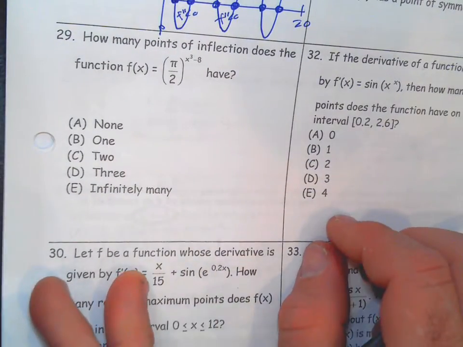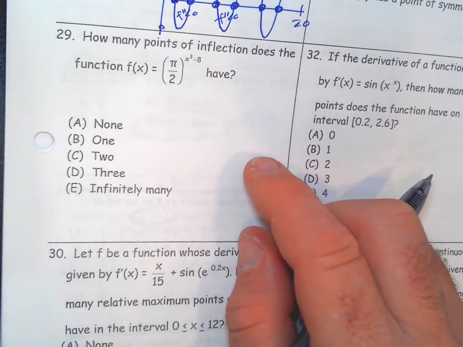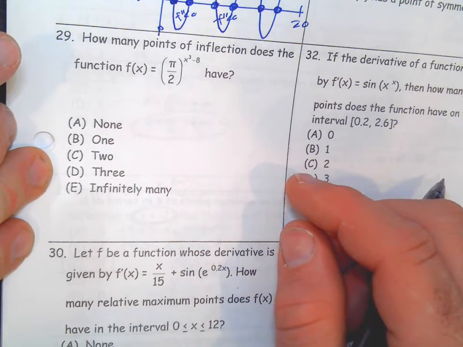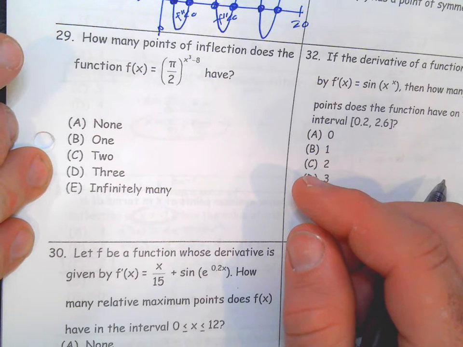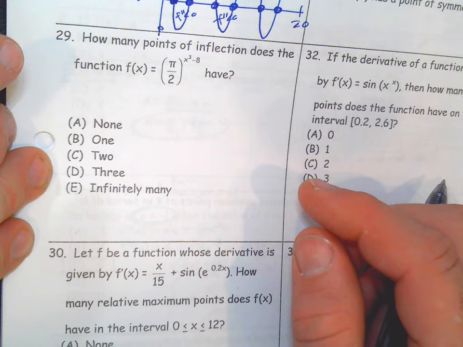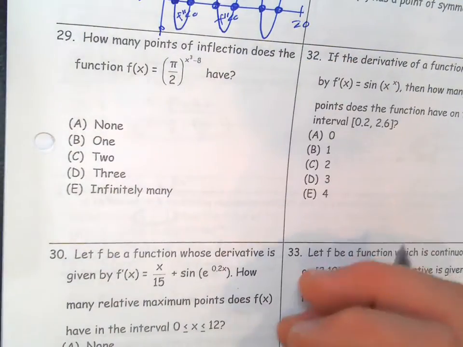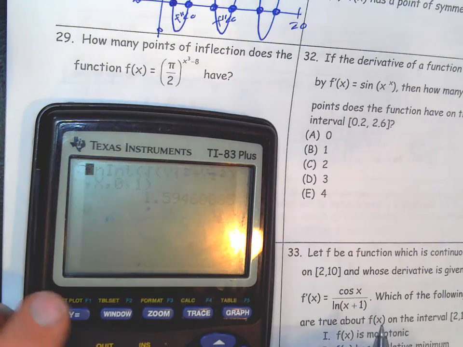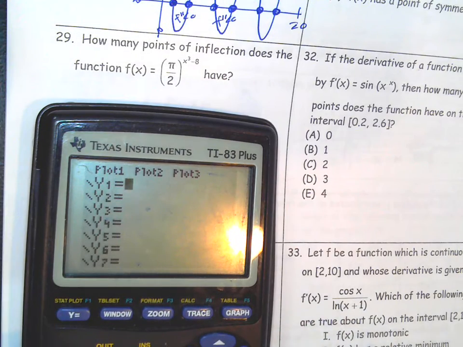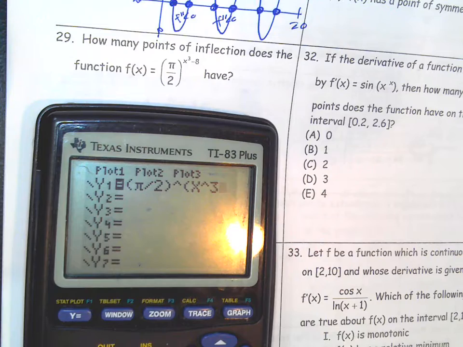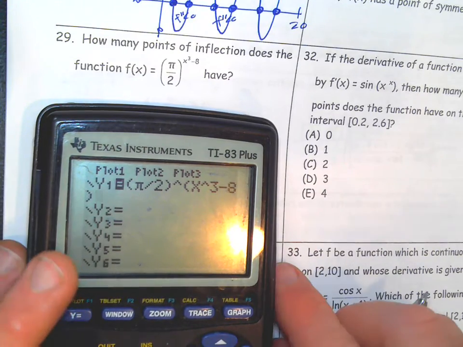How many inflection points does this graph have? Well, let's see. Can we find them? We could trick our calculator into graphing the derivative graph. So parentheses pi divided by 2, raised to the parentheses x to the third minus 8.